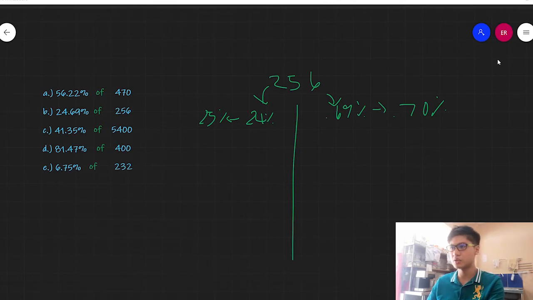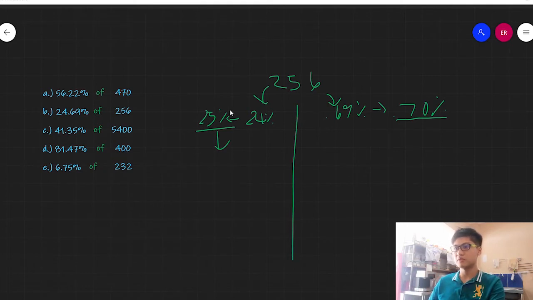That's what I said a while ago. All right, so we have to just get these portions of the number. So we have to just proceed with 25% and then adjust our answer to make it become 24%.